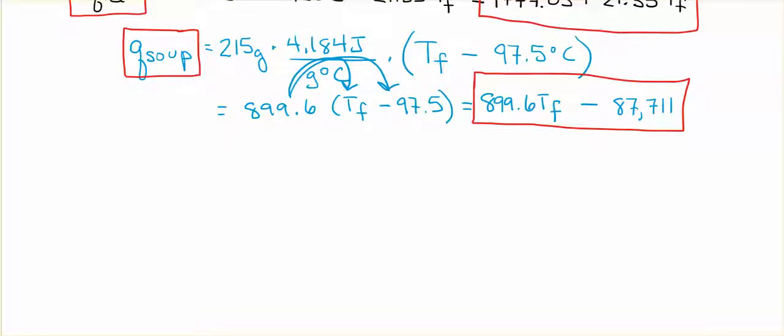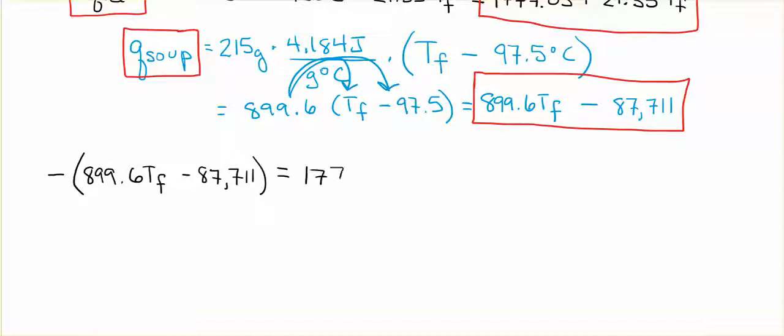So, negative Q of the soup, negative 899.6 T final minus 87,711 equals positive Q of the ice, 1777.05 plus 21.55 TF.